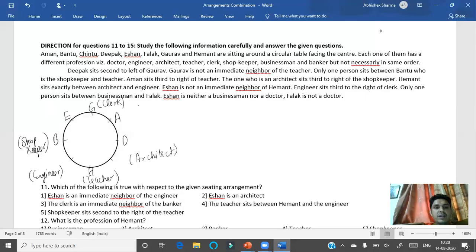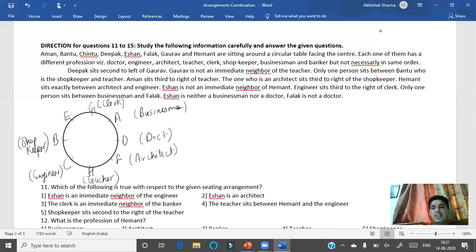So we can write the businessman here, and Falak here. So the doctor must be D, whoever is this. And the person that is remaining, that is C for Chintu, is remaining.